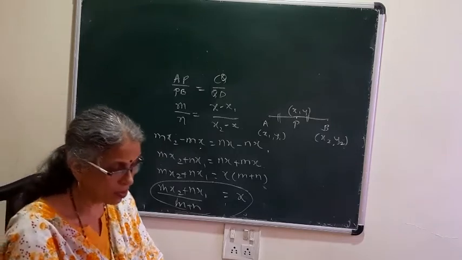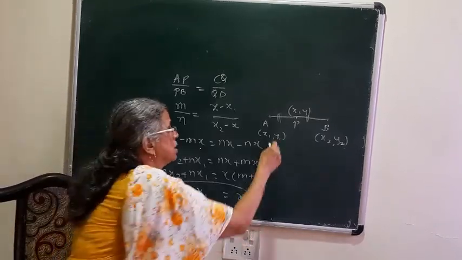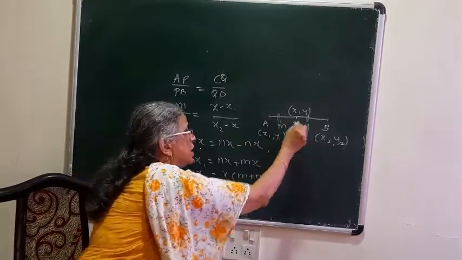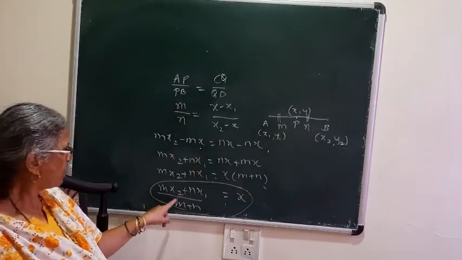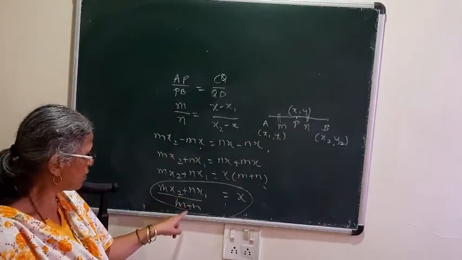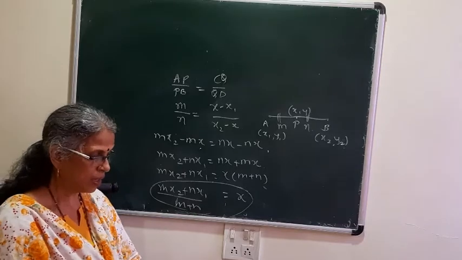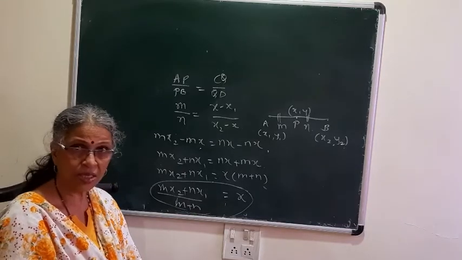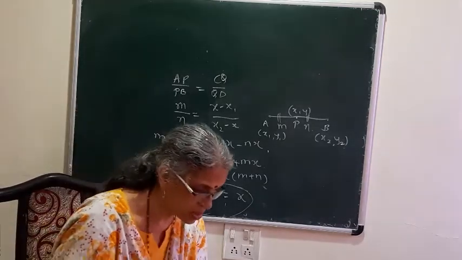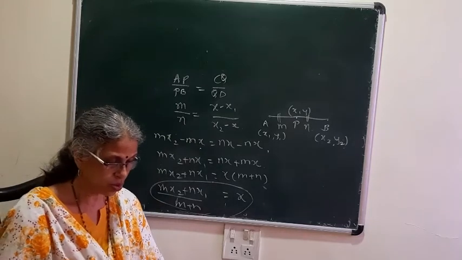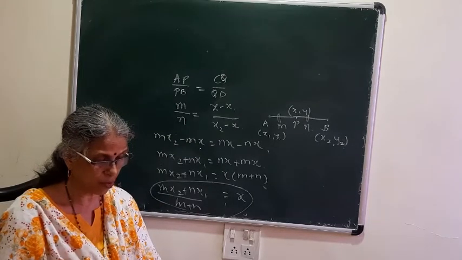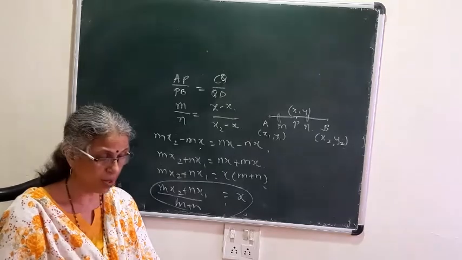So that they have given you. In this, m and n are equal. So in this formula, mx2 plus nx1 upon m plus n, they have directly written this formula: x is equal to mx2 plus nx1 upon m plus n. Here they have put m for n, because m equals n.